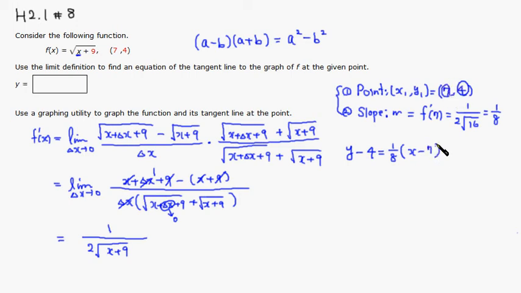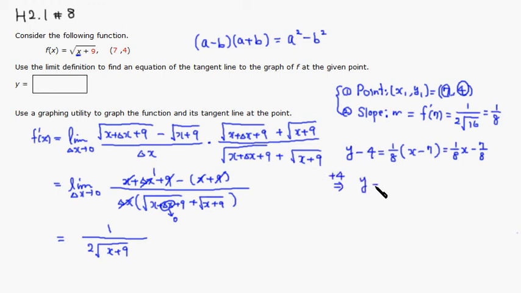If you want, you can multiply out: you have 1/8 times x, and a minus 7/8. Then we can write it in slope-intercept form, so we add 4 to both sides to get rid of this 4.